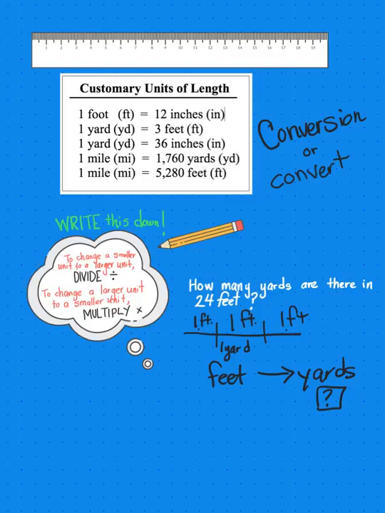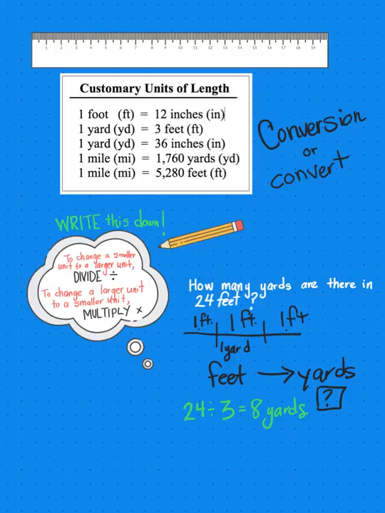If you look at the chart, we know that a yard is larger than a foot because 1 whole yard equals 3 feet. So I'm changing from a smaller unit, which is feet, to a larger unit. So I'm going to be dividing. I'm going to divide 24 by 3, and I'm going to get 8 yards.